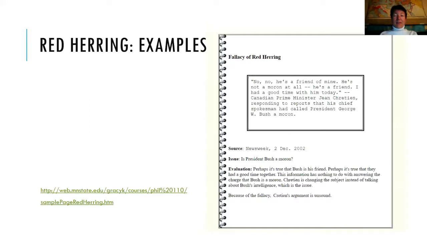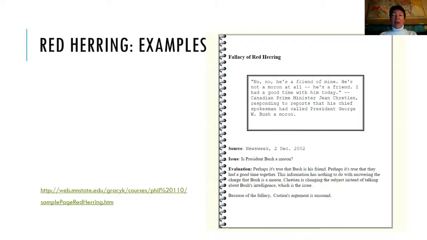Now, there is a real life red herring, and that comes from a philosophy website where they describe logical fallacies, and so they label this one as a red herring fallacy. Here's the direct quote. No, he's a friend of mine. He's not a moron at all. He's a friend.